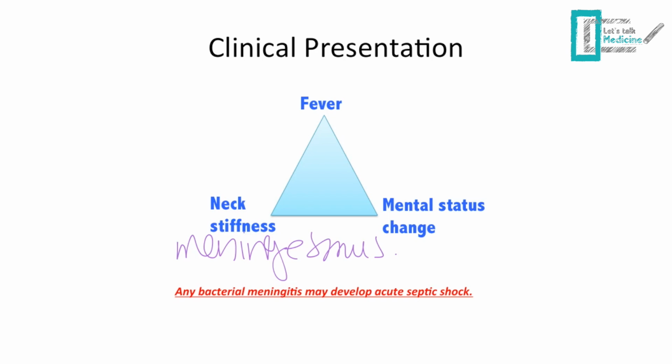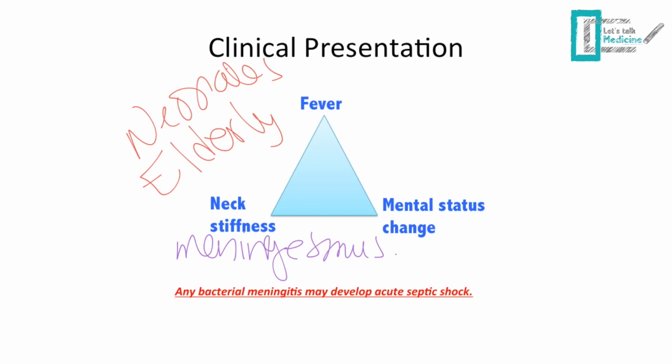Another thing you should know is that viral meningitis has less prominent meningitic signs and symptoms. They usually complain of meningismus and headache, and they don't usually have fever. Also, people in the age group of neonates and elderly don't usually present with this triad because they sometimes cannot express the symptoms.